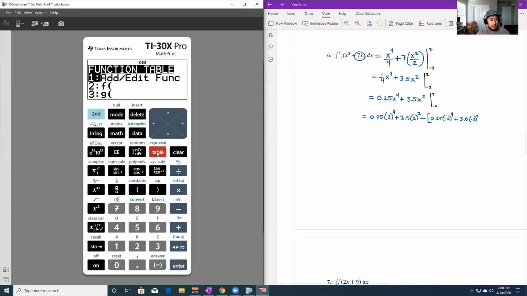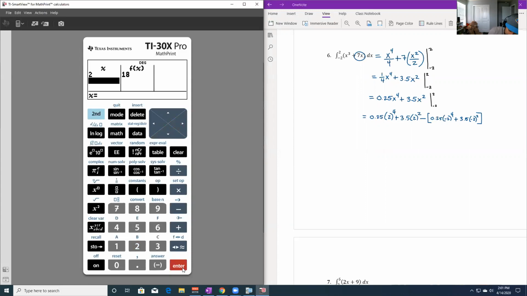Okay, and let me use my table feature. Let's see. I have 0.25 x to the 4th plus 3.5 x squared, enter, no function there, go down to x equals, and I'm going to type in 2, and that gives me 18.